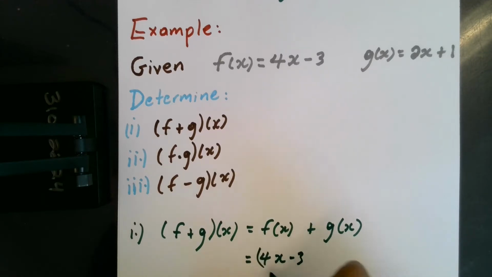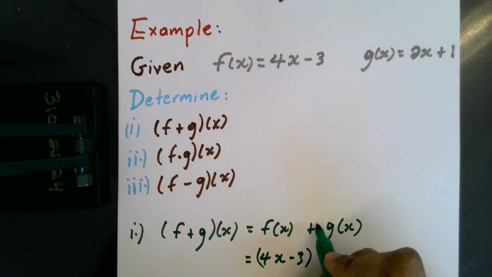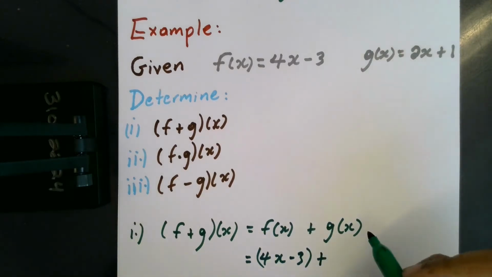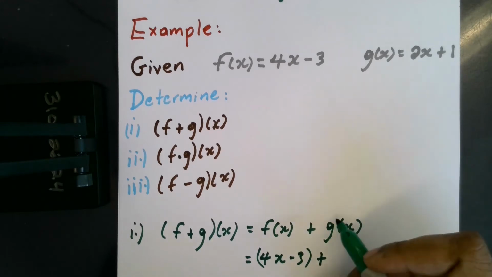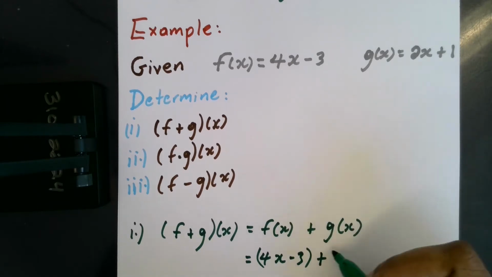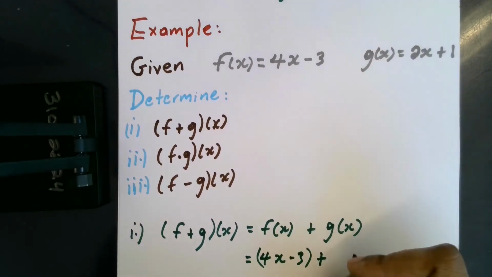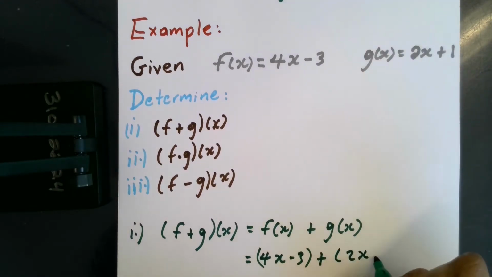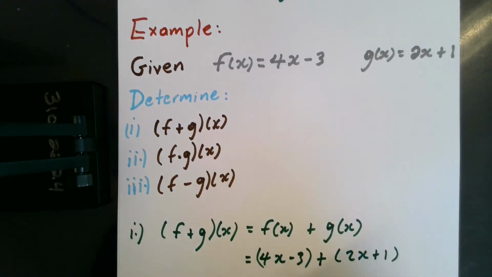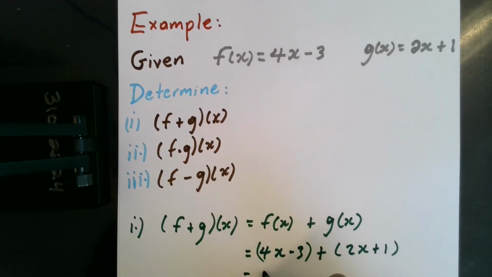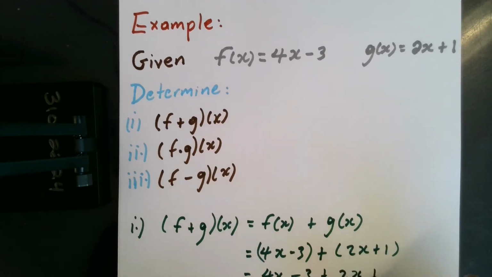All right, and we are adding here, and I'm going to replace the expression that is represented by g, which is 2x plus 1. All right, so I have 4x minus 3 plus 2x plus 1.